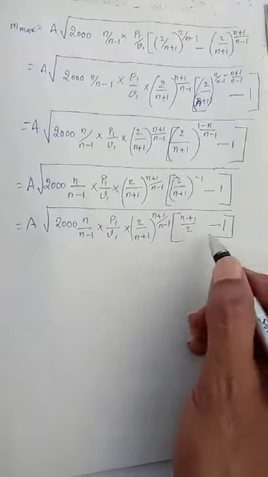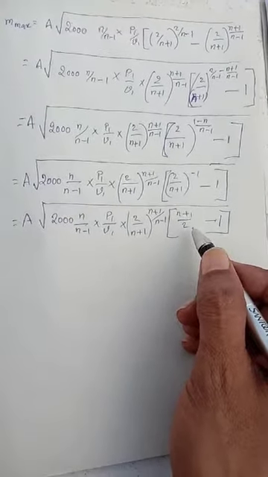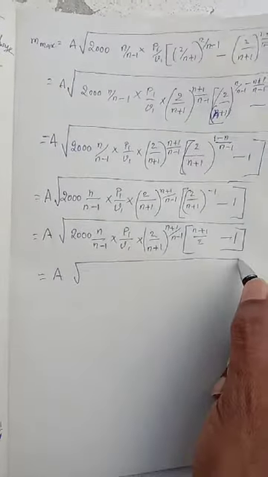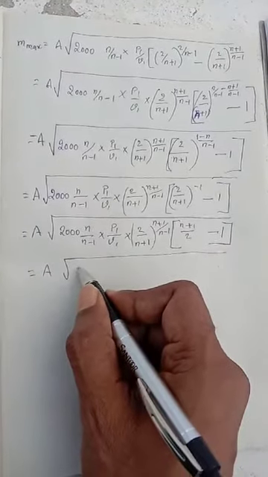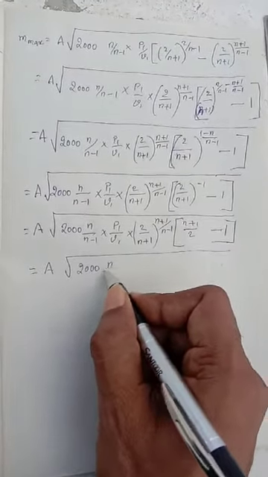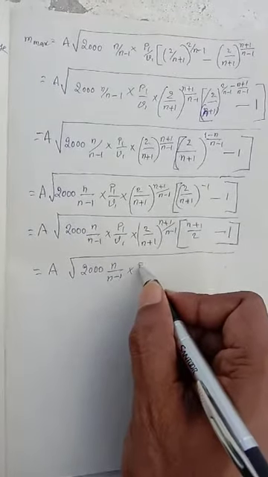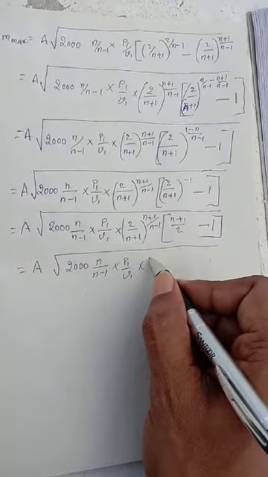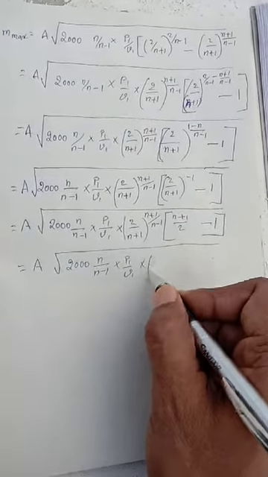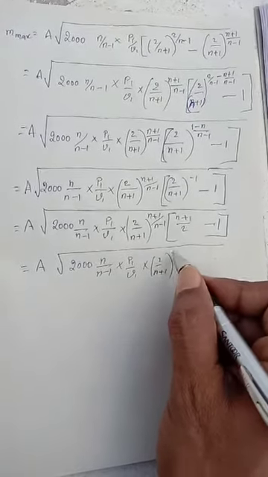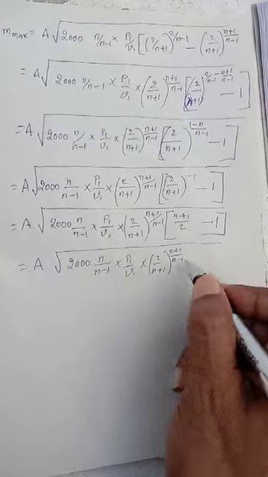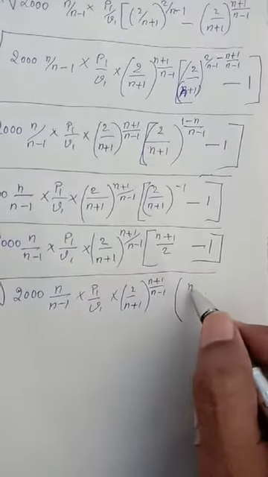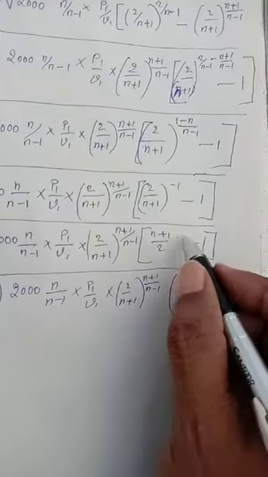Now then I'll take this in bracket terms, you can take LCM for this 2. What will we get? Now in here 2 by n plus 1, n plus 1, n minus 1 is the same thing, but now in here we will get n minus 1 by 2, this term.